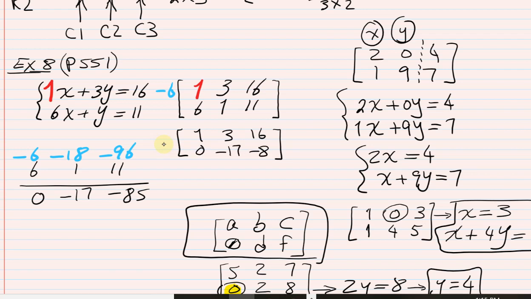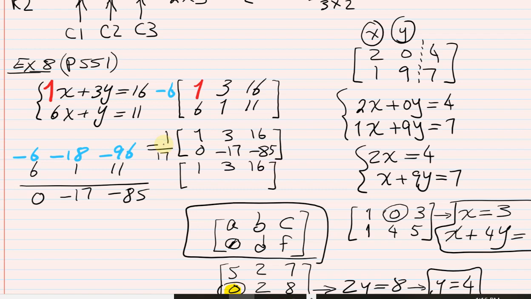Okay, now the new second row is going to be 0, -17, -85. Now if you like, we don't have to, but because 17 and 85 are both divisible by 17, right? 5 times 17 is 85, so I'm going to multiply the second row by -1/17.